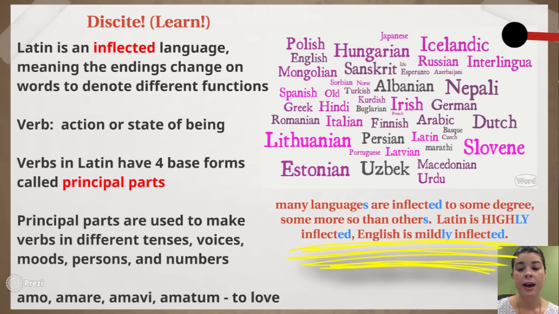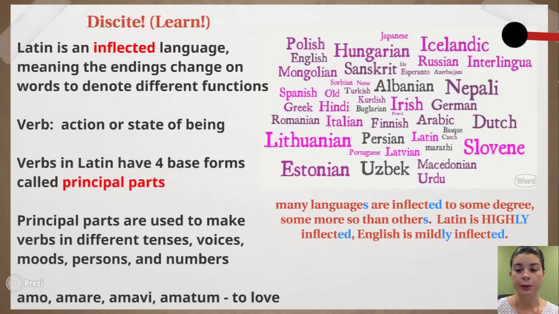If you take a look at this little paragraph underneath our picture that has blue and red text, the blue text are English inflections, and this is just to give you an idea of how we inflect in English. Not quite as intense as with Latin, but we do have inflection.